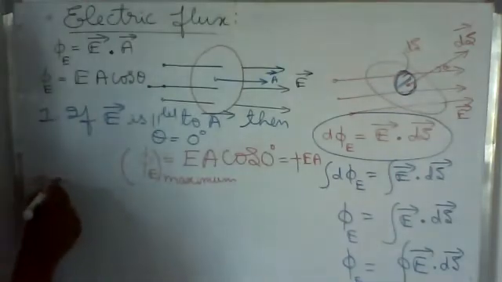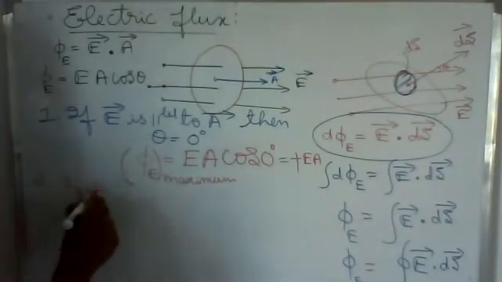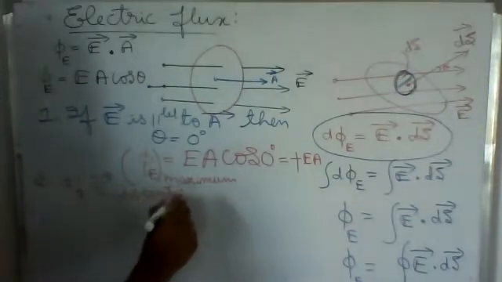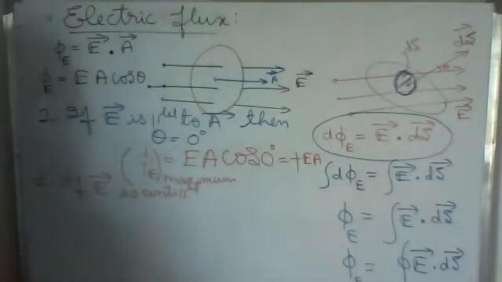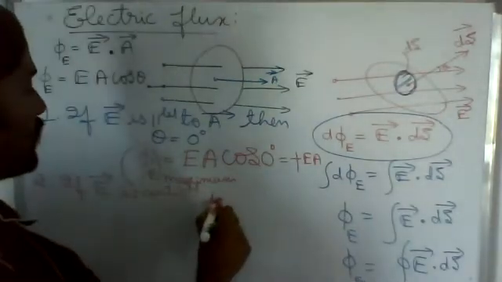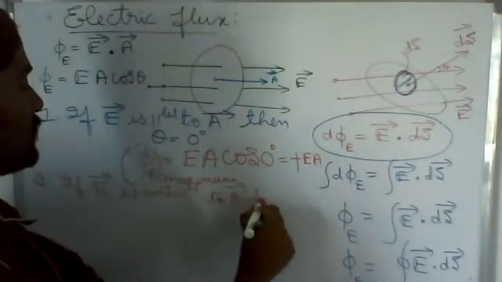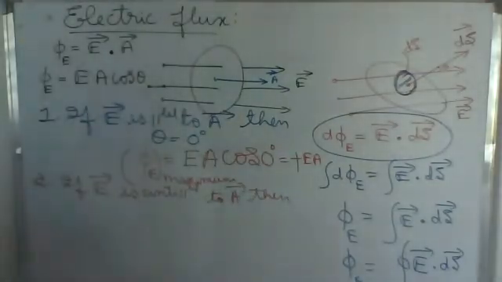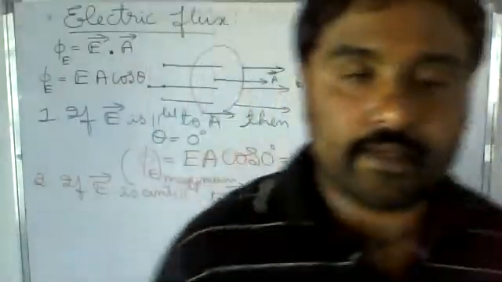The second one, suppose the E vector is anti-parallel to the A vector. Then what is the value of theta? The value of theta is 180 degree.